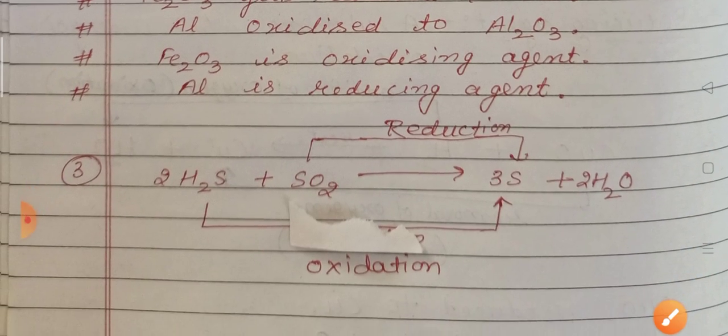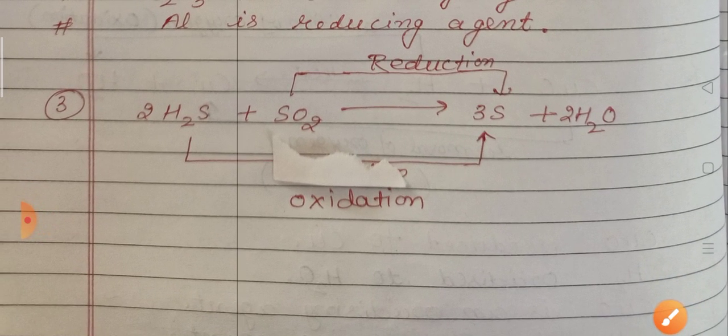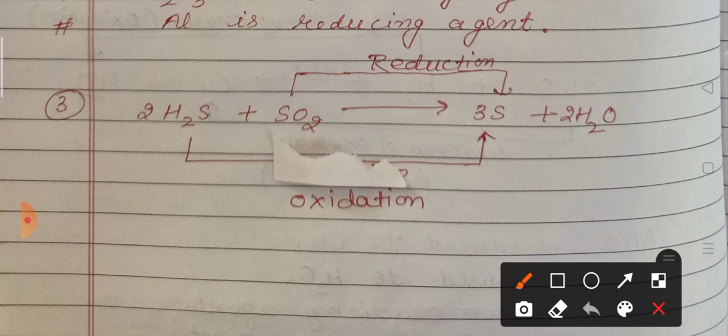We have another example. In this example, hydrogen sulfide, H2S, reacts with sulfur dioxide for the formation of sulfur and water.